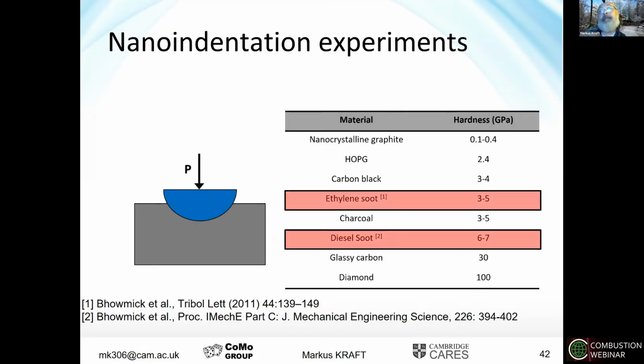What you do here is push in the probe, and then you can measure the hardness of the materials. If you do that for ethylene soot or diesel soot, it varies roughly between 3 and 7.